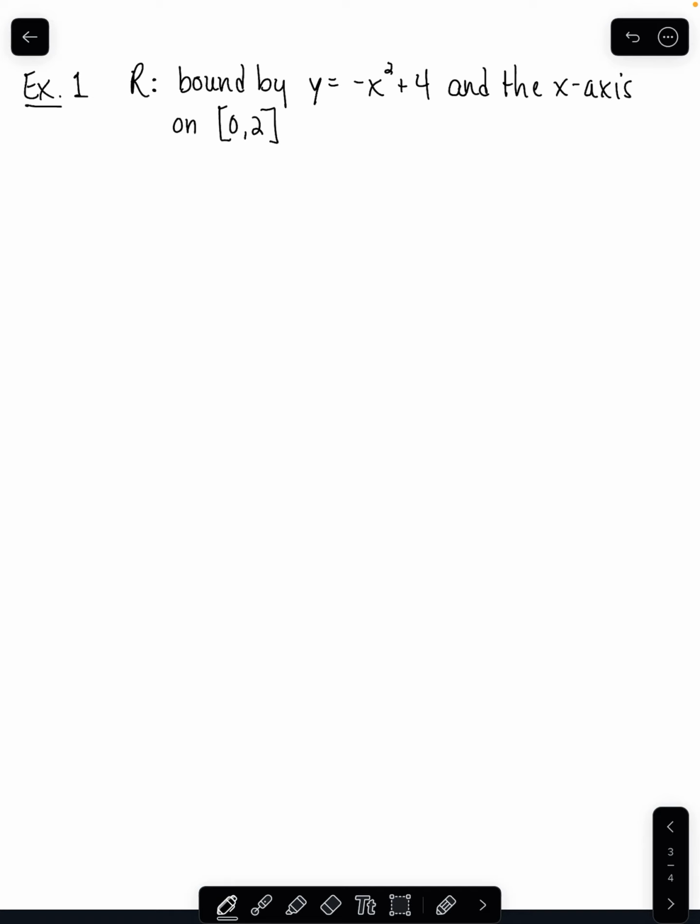And then we are going to revolve R about the y-axis.